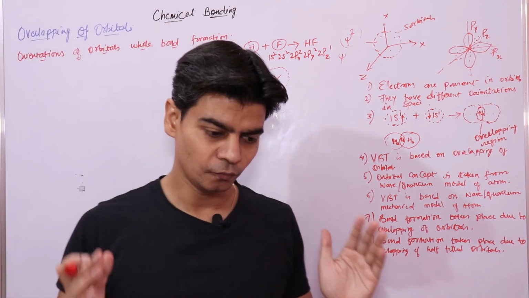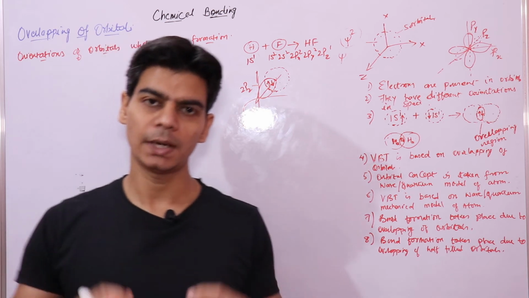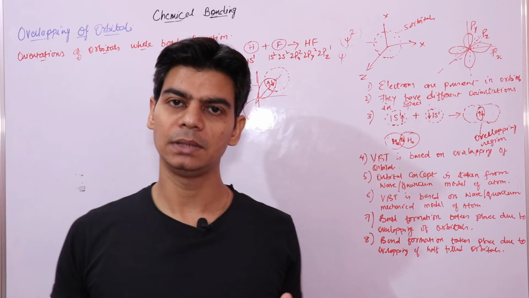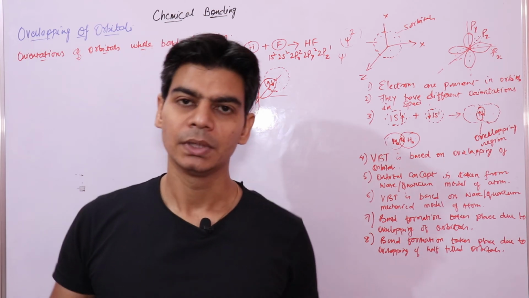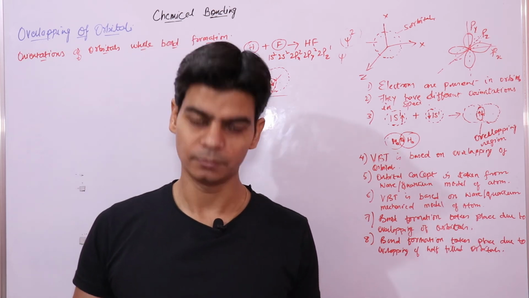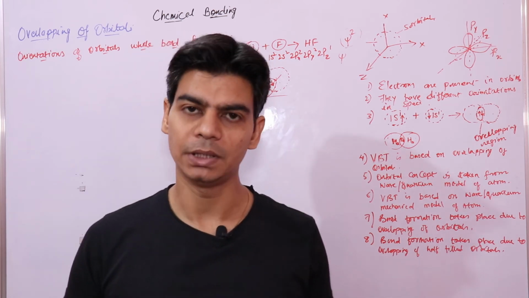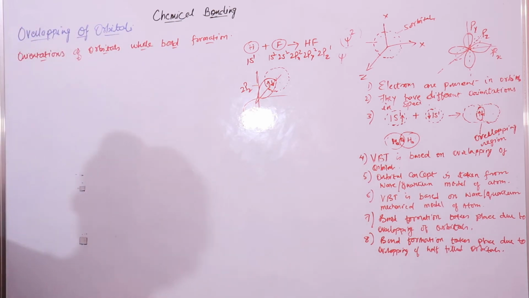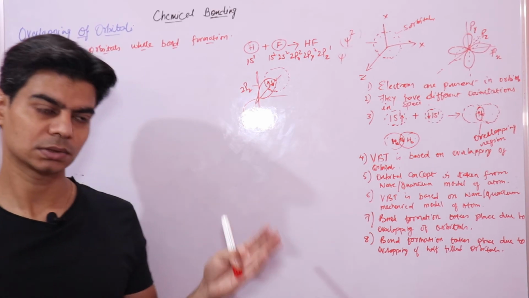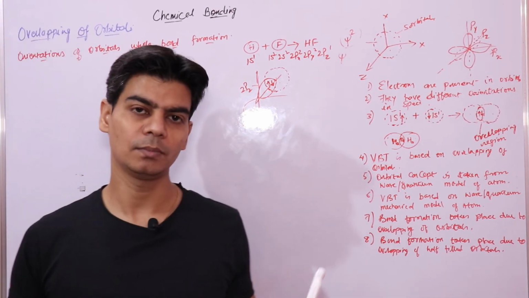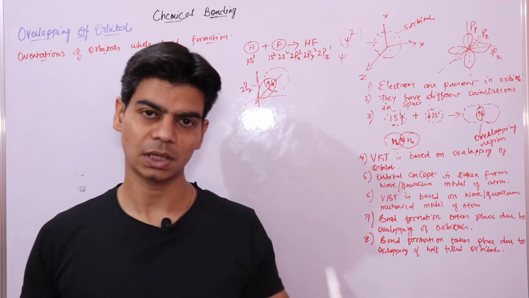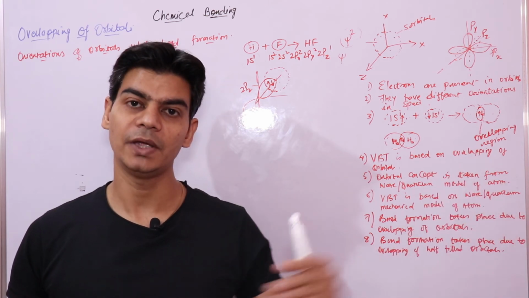When these orbitals are overlapping, we know that these orbitals are nothing but electron waves, and waves have amplitude. We know this from the properties of waves. So we will look at this overlapping concept from the wave concept of electrons, that these electrons have wave character.